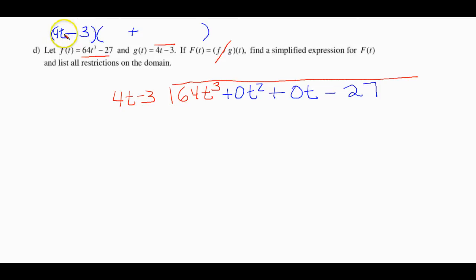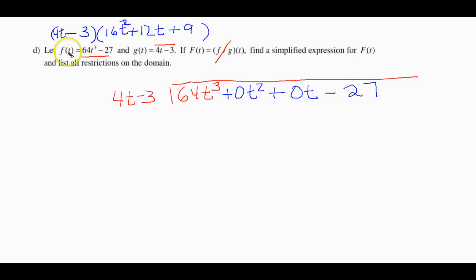Well, then we said we square this, and that's 16t squared. Now we multiply these two together, and you'd think it would be a negative, but we said because of our formula it's a plus. So this is a plus 12t, and then we squared this as a plus 9. So that was the method of factoring this that we had in chapter 2, I believe.